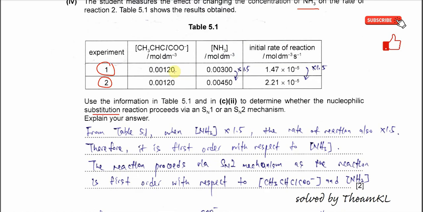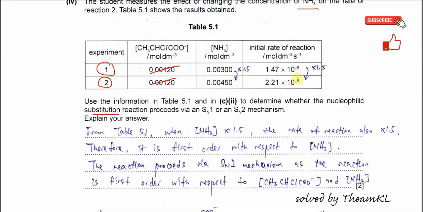Because the concentration of this carboxylate is the same, we just eliminate it. Now we can compare this ammonia with the rate. As you can see, 0.003 to 0.0045 is 1.5 times, and the rate also increases 1.5 times.